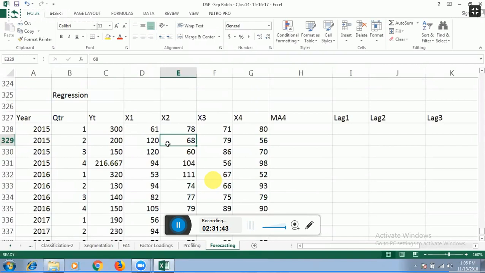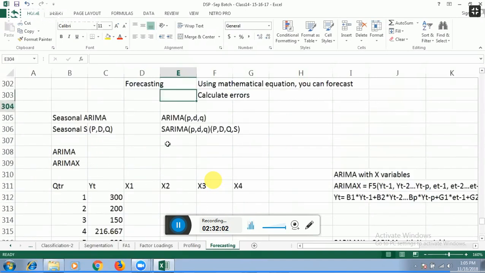Chandra, is this the understanding? Yes. Chandra, you just explained ARIMA with a small PDQ, but in ARIMA there is also a capital PDQ. Could you explain what those are? I already explained that.